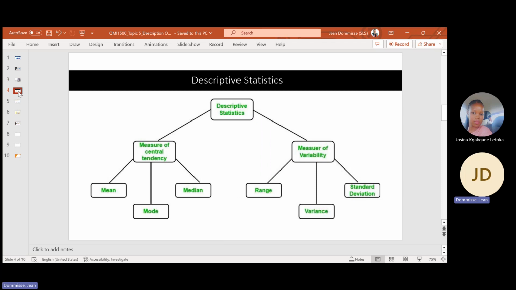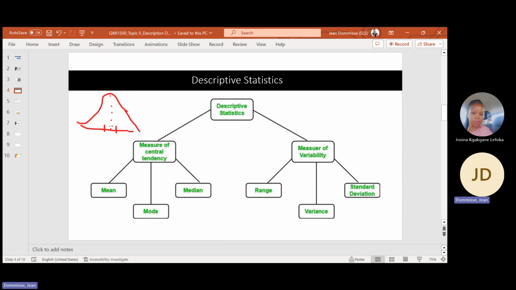Okay, so when we go into the descriptive stats, basically we have two things that we focus on. We focus on the measures of central tendency. My laptop is not as nice while I'm traveling, but basically central tendency looks at the things around the mean.